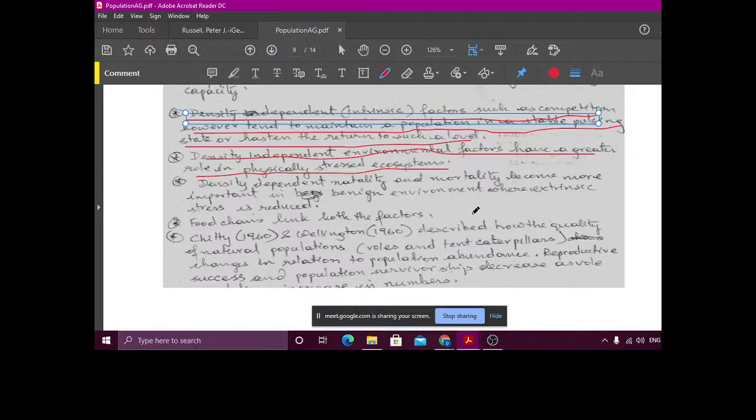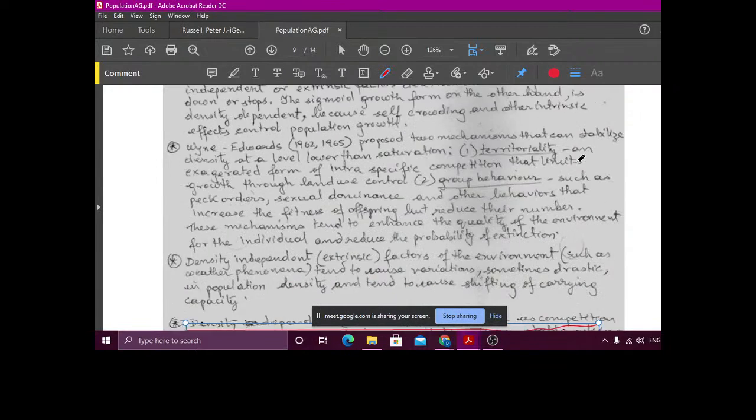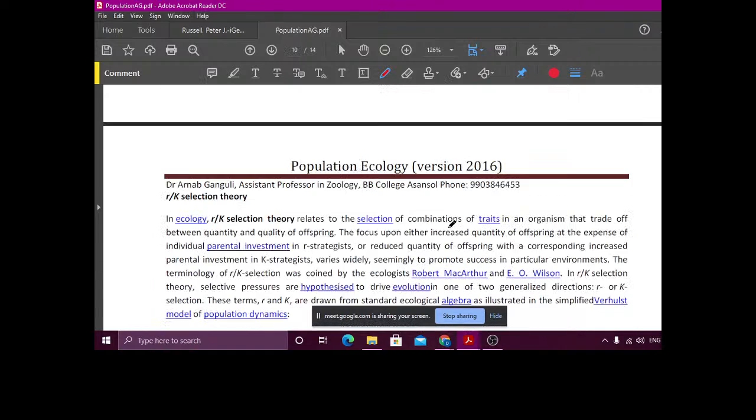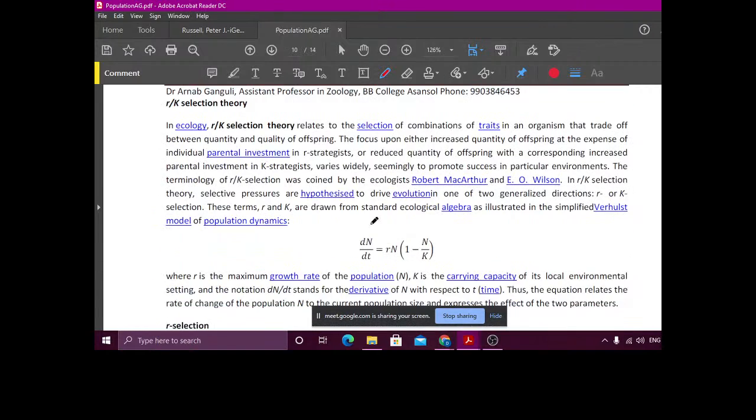Some die because of infighting. By this the population decreases. And in density independent, you are talking about the physical factors. You will find all of these things in this; it's written clearly. Read them slowly. I'll send this note.